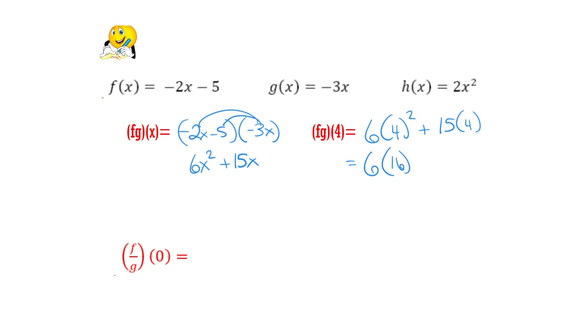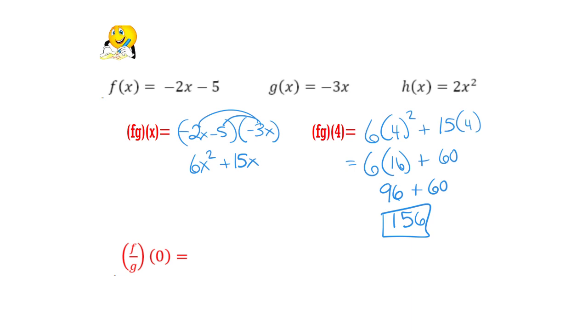That's 6 times 16. 15 times 4 is 60. 6 times 16, golly, that's 96, I hope. All right, getting kind of ugly numbers, kind of large numbers. So I'm going to go with 156 for that answer. Numbers got a little bit big there to be doing mental math, but I pulled it off, I think.